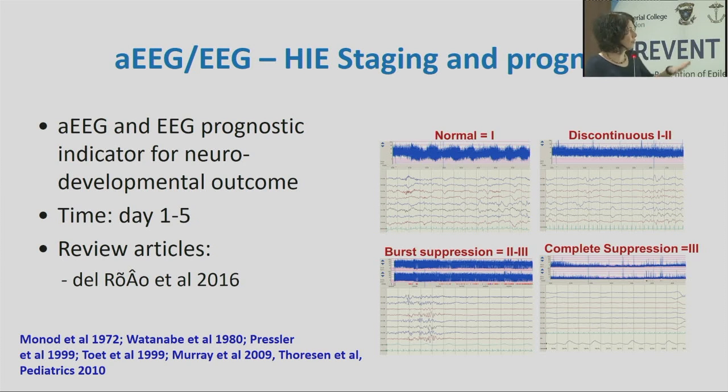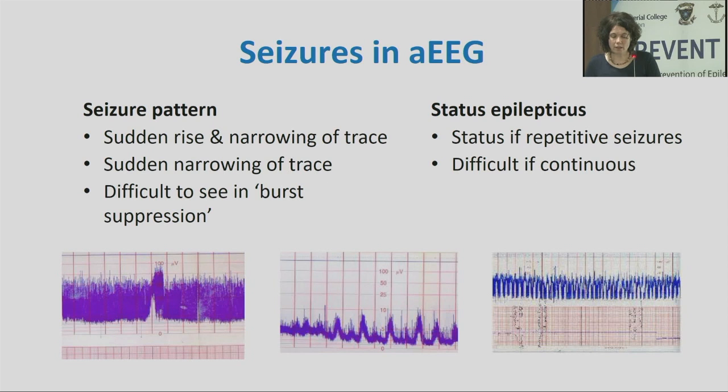You can use the aEEG background activity to help you stage the degree of the HIE, and that will also help you with the prognosis. There are a couple of papers that really show how well the aEEG correlates to prognosis. And finally, seizures. So this is how you will use aEEG.